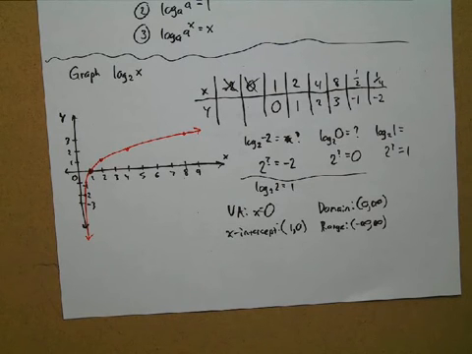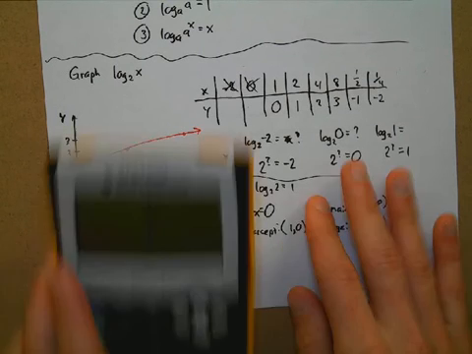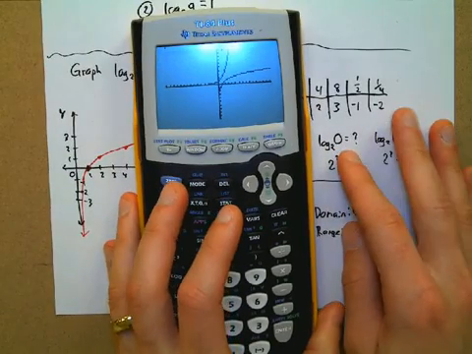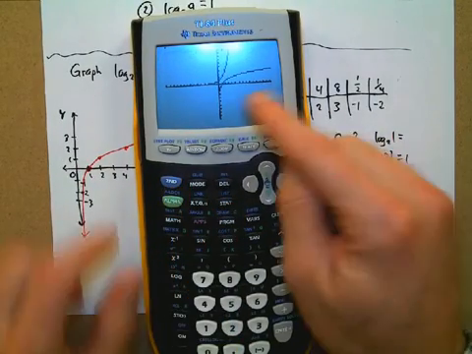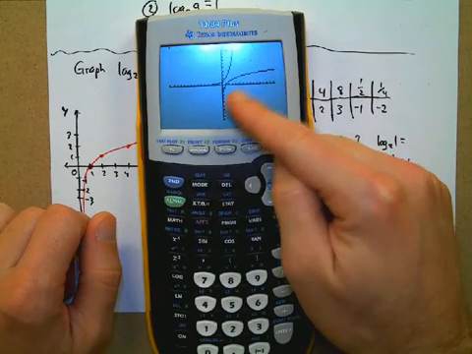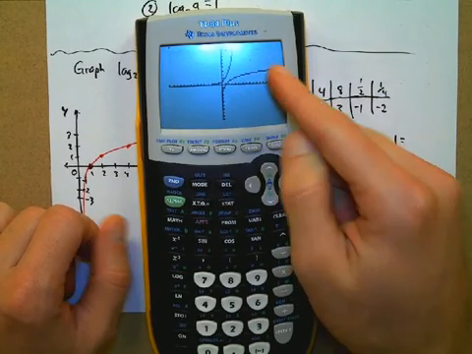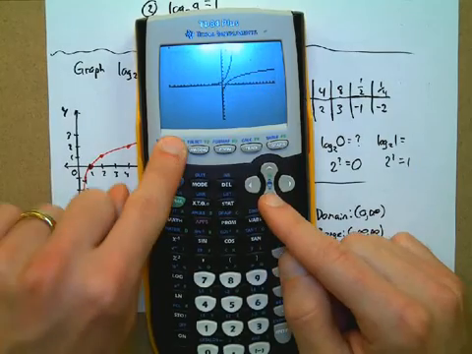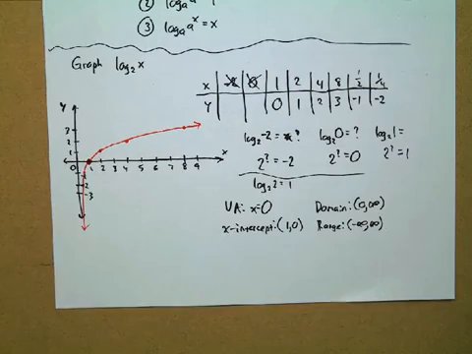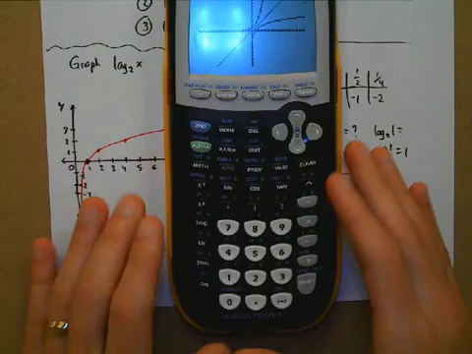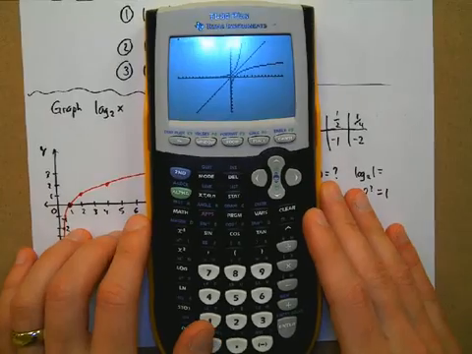I've also graphed 2 to the x. And if I graph one more thing here, the line y equals x, how are these two curves related to each other? Kind of like transformationally speaking. How are those two related? Again, that's 2 to the x, and that's log base 2 of x. How does it look like they are related?